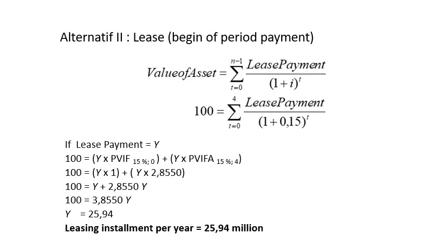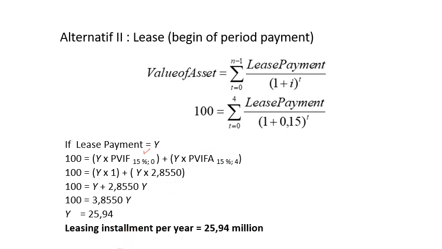Now here is the calculation for the previous time diagram. So this is for year 0, and this is for year 1 to 4.